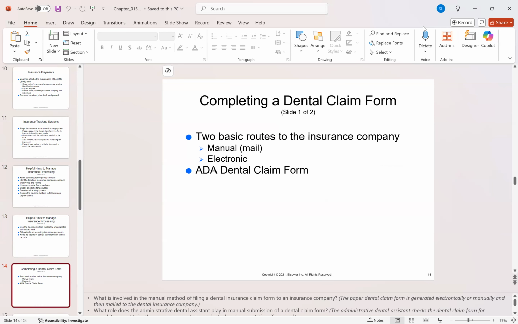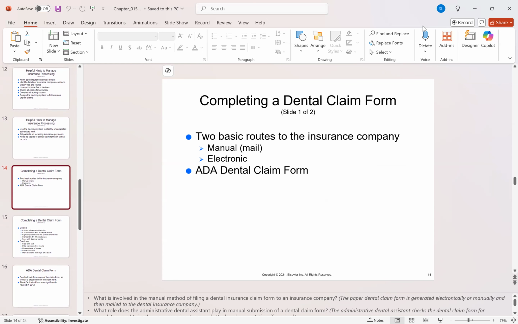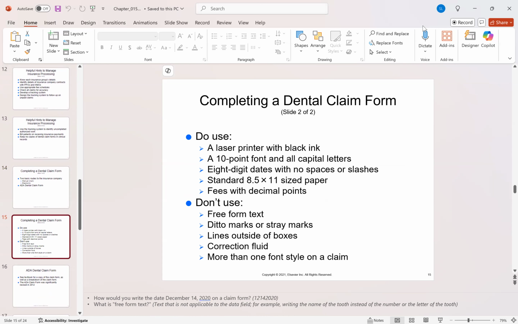The two basic routes of payment for the insurance company are manual or electronic, and then we will use an ADA dental claim form. To complete the dental claim form, we'll use a laser printer with black ink, a 10-point font in all capital letters, 8-digit dates with no spaces.